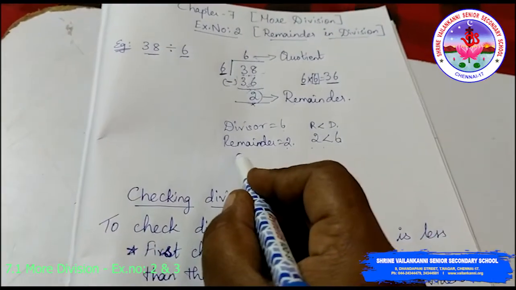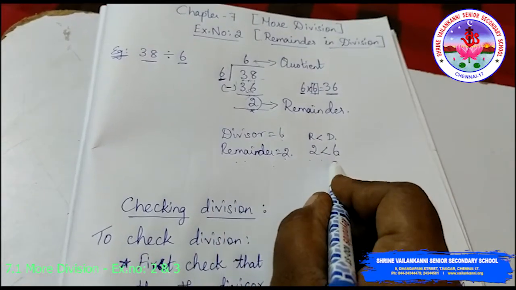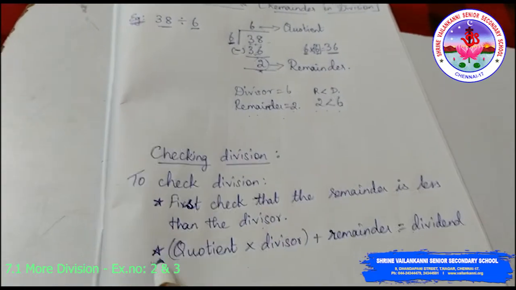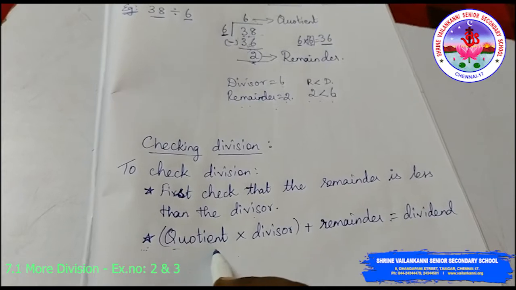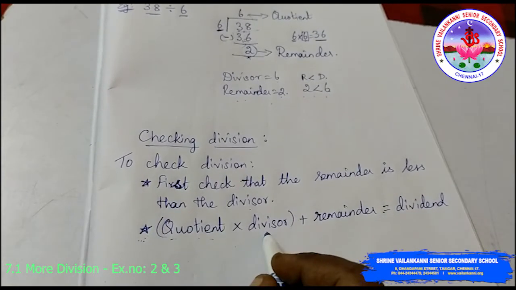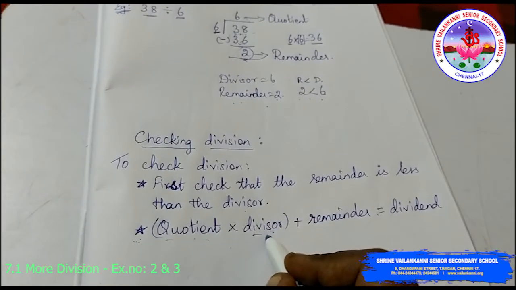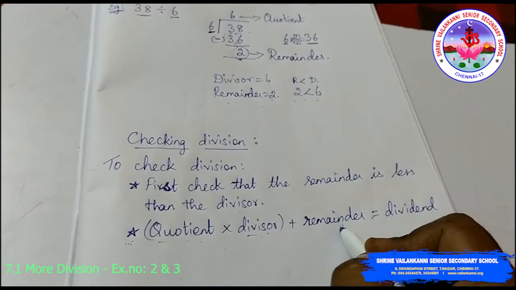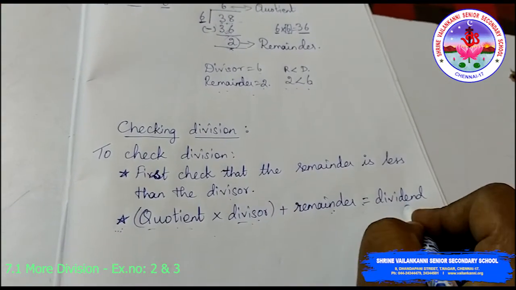This is the first checking process. If the remainder is lesser than the divisor, you move to the second checking process. What is the second checking process? The quotient has to be multiplied with the divisor. After multiplying, you add the remainder, so that you get the dividend value.